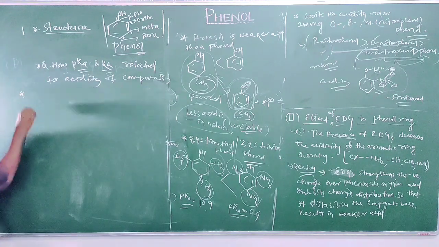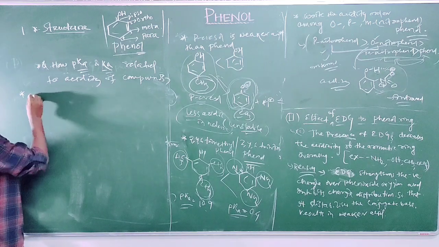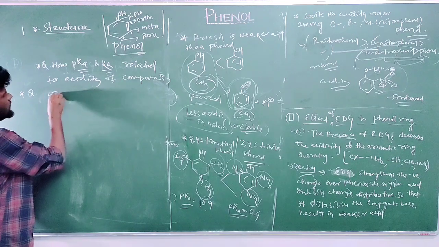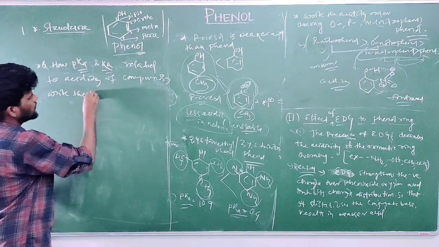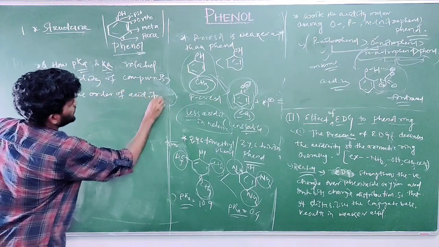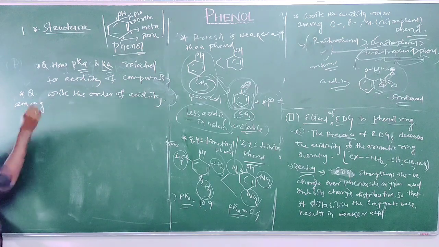So at last, take an example from the entrance corner. Write the order of acidity among the five compounds I am giving you.